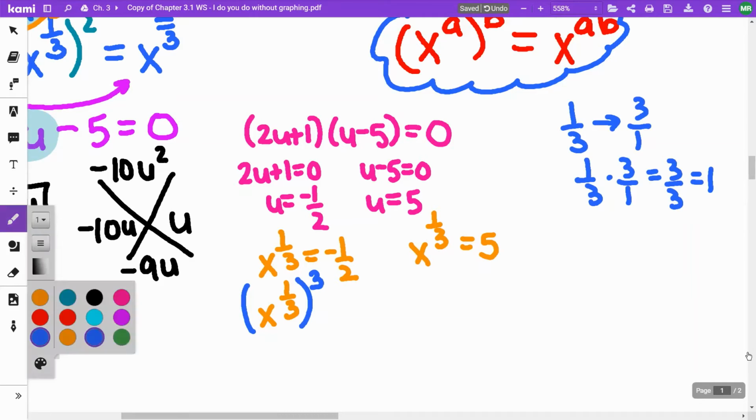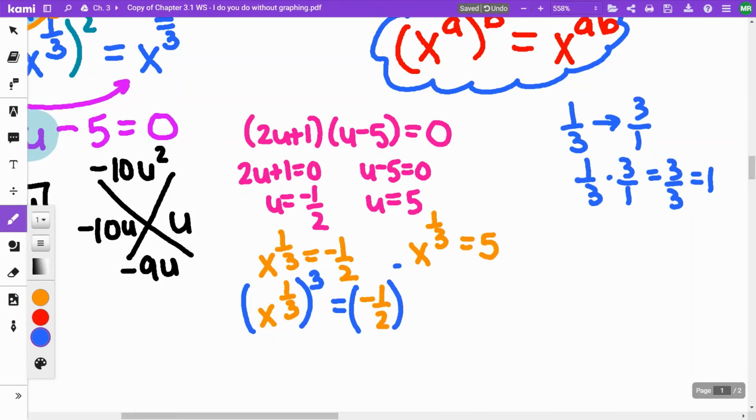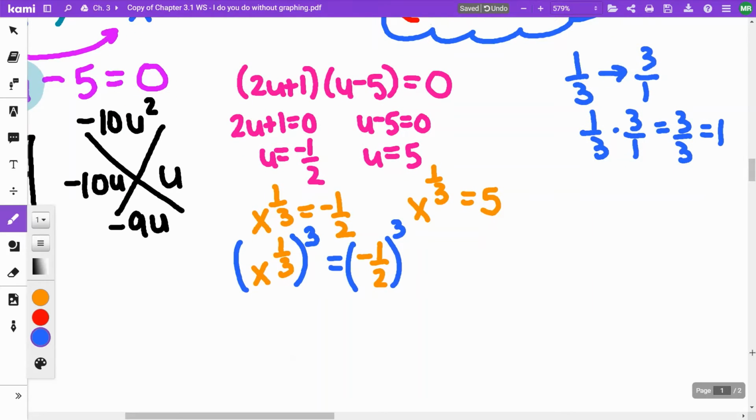Now, if I do it to one side, I have to do it to the other side. On this side, I had a negative 1/2, so I also need to raise that to the 3rd power. When I take x to the 1/3, raised to the 3rd power, power to power, I multiply. The whole reason I raised it to the reciprocal was to get a 1. So at this point, I have x.